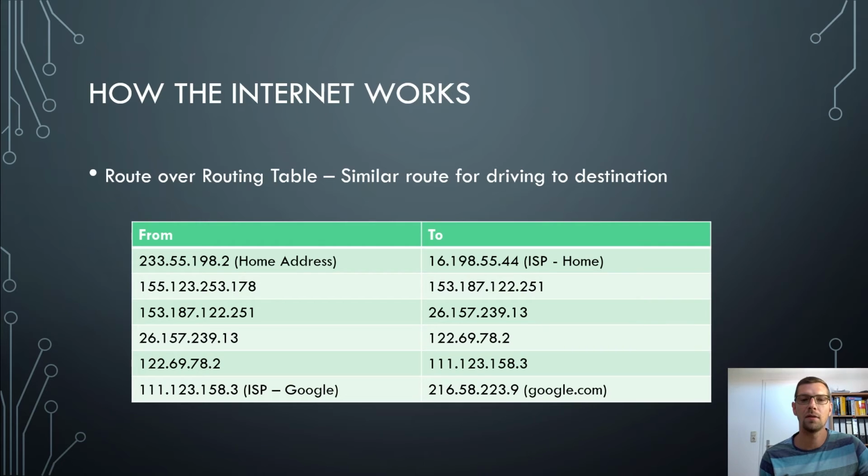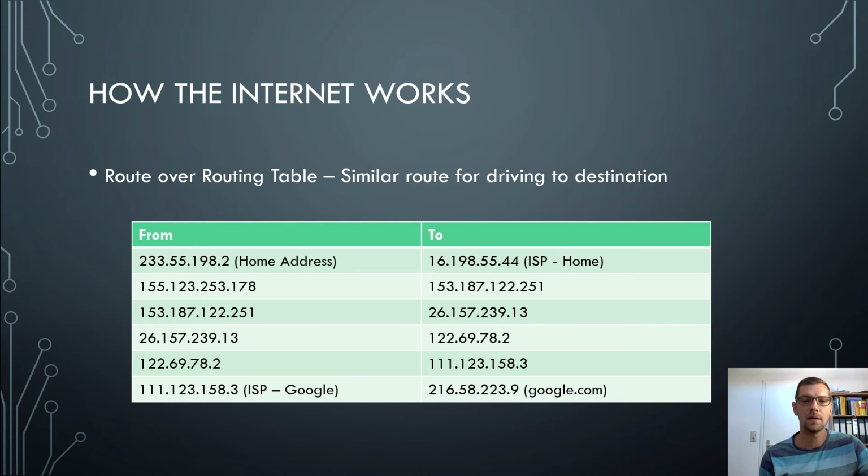Alright, if we have a look at the route, it is similar as with the post, then in the end it is a routing table. As I already said, that is similar if we want to drive to certain destinations. We have certain points that we meet while we are on our journey. That could be crossroads, for example, when we want to switch the motorway.